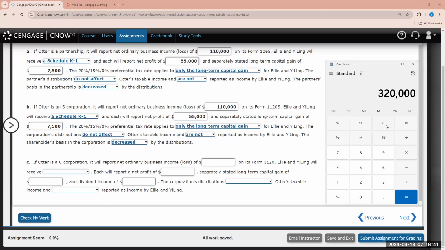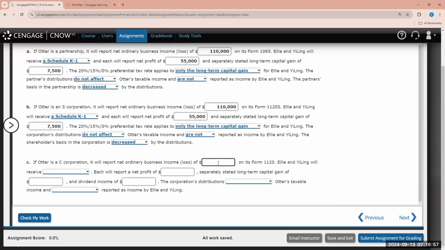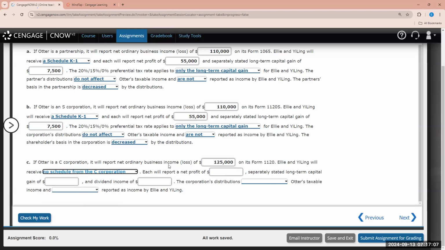And then we also have to factor in the expenses of 210,000, which gives us 110,000. But we also factor in our $15,000 long-term capital gain. So as a C corporation, we will report net ordinary business income of $125,000 on Form 1120. Ellie and Yi Ling, they won't receive anything from the corporation.